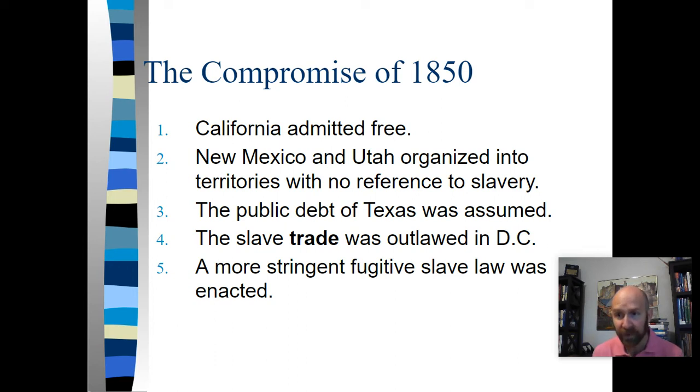But from the Southern perspective, what they're saying is, the Underground Railroad is being funded by Northerners. They're sending down Northern conductors to steal our property and then hide them in the North. And really it's these Northern invaders that are attacking us. And so they say we've got to end that.